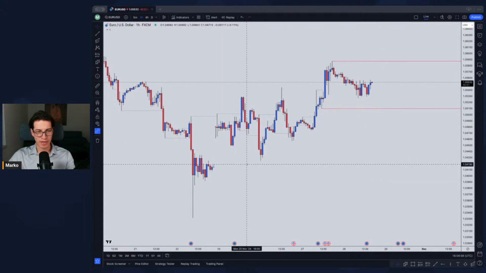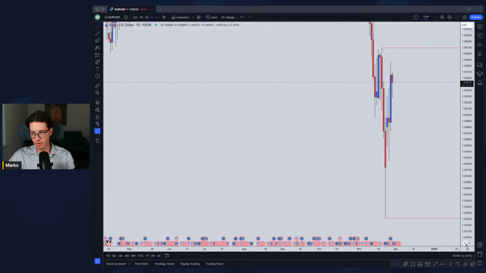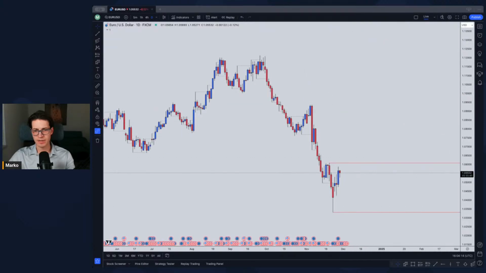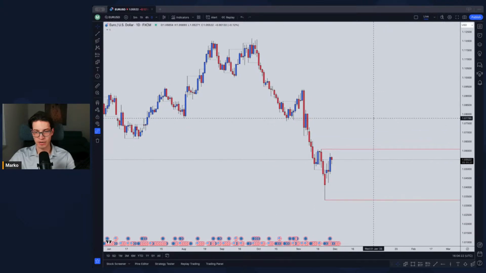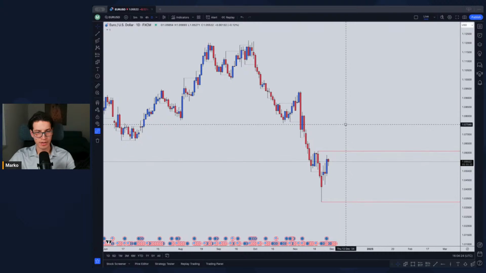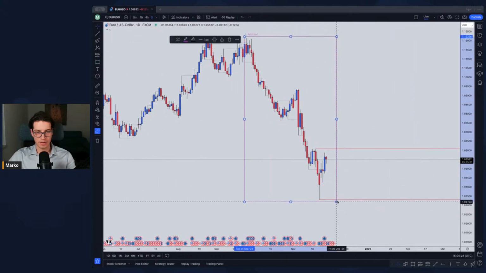Now, after analyzing the gap, let's jump onto the daily chart. This is something I started doing for the live streams. I'm first going to give my bias for the daily chart, and then I will zoom in on the 1 hour chart. The daily is in a big downtrend still.